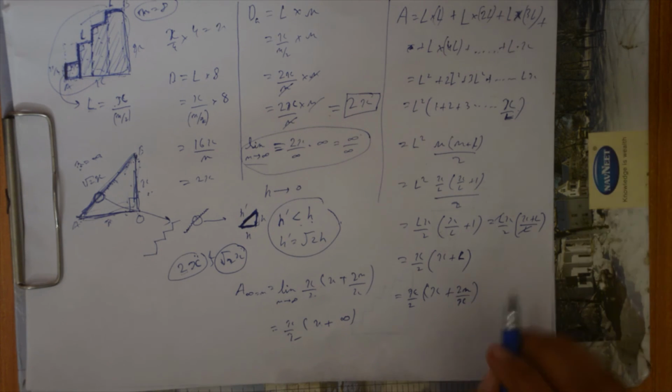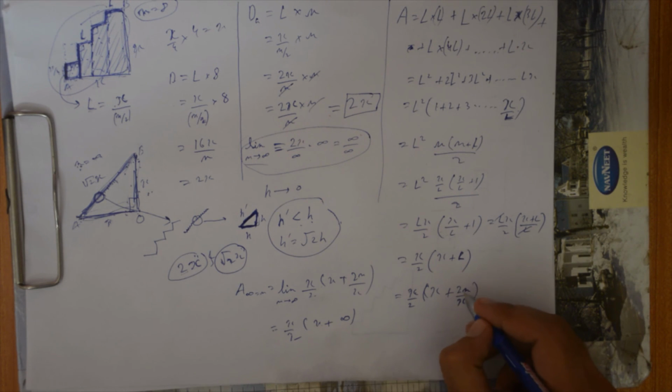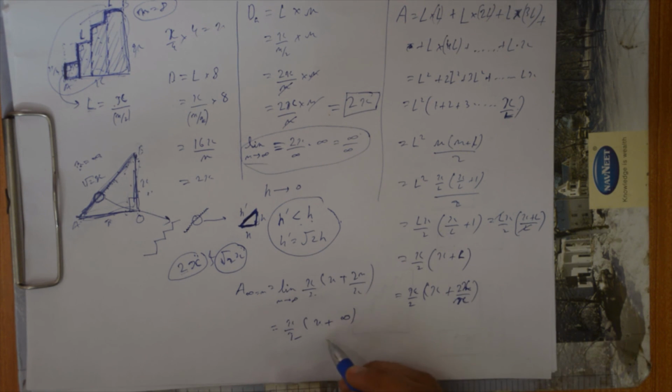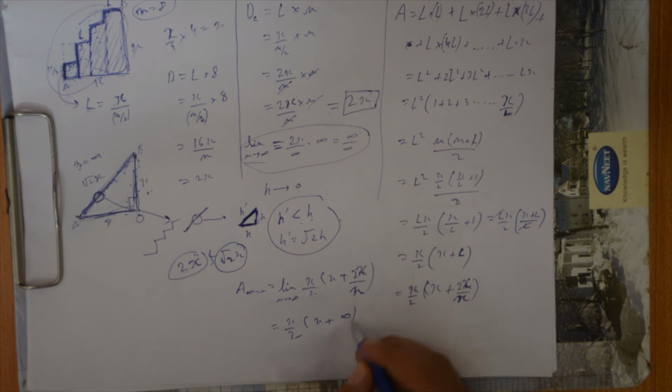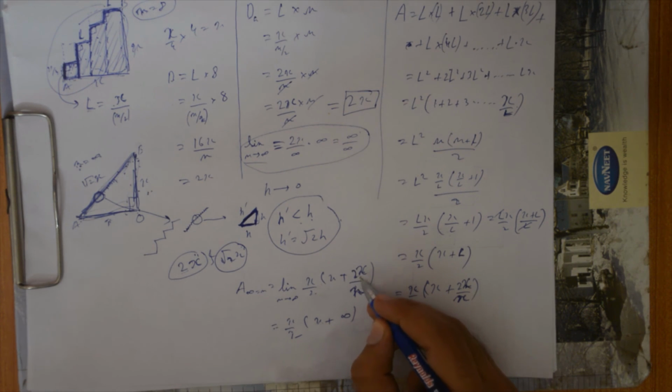Okay, I'm sorry, I made a small mistake here. Instead of 2 into n upon x, it would be 2 into x over n. Let us correct it here also, 2 into x over n. Now let's put n equals infinity, so it would be 2x over infinity.